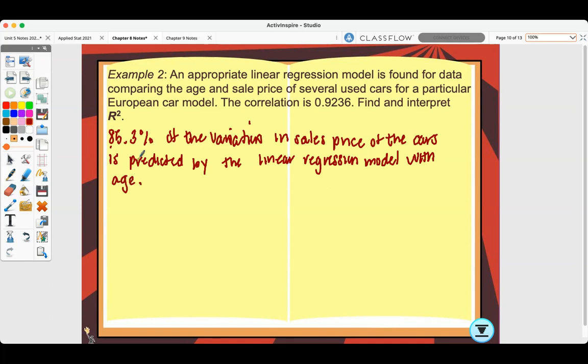Or you could say something like 85.3% of the variation in sales price is explained by the differences in the ages of cars. Or you can also say 14.7% of the variation in sales price is left in the residuals of the regression model. Any of those are equivalent.